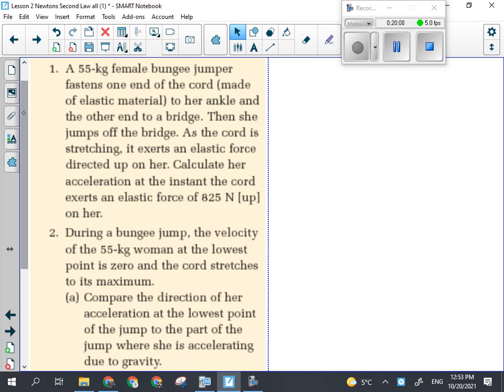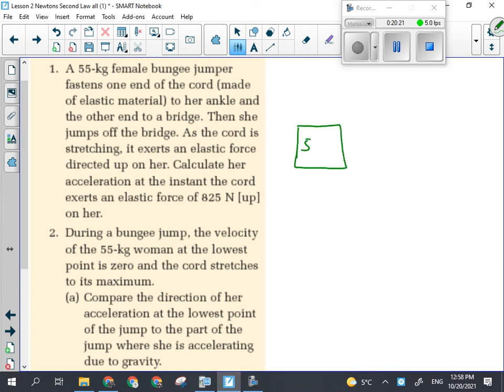Okay, so let's have a look at this one. This is, again, a pretty basic elevator question, not a differential acceleration problem. We just have a bungee jumper whose mass we know, 55 kilograms. We know that the bungee cord, at the instant they want us to do the calculating, is exerting 825 newtons of elastic force upwards.